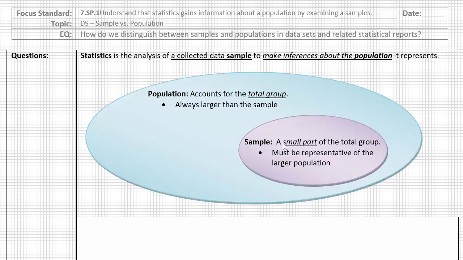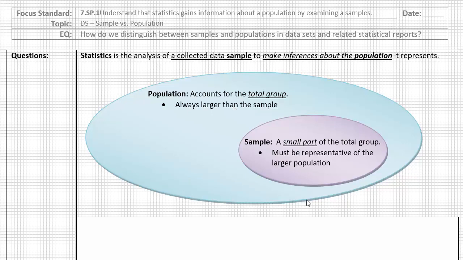The sample is a small part of the total group, and it must be representative of the larger population. We'll talk more in the following videos about what qualifies as a representative group, but in general, the sample is just a small part of that total group. This is for ease.